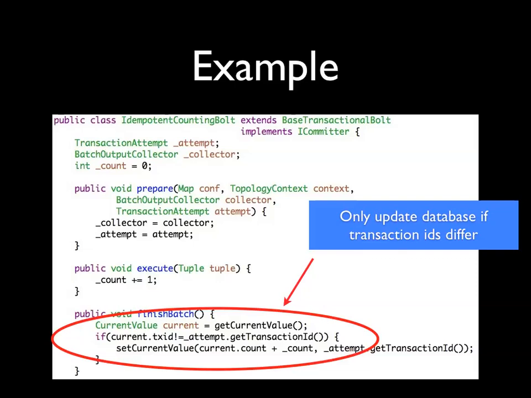I can skip. I just won't do anything because I know that my partial count is already represented in that count. Now the other bolts see, oh, the transaction ID is different. My partial count is not represented in the database. I'll go ahead and update it. And the reason this works is because of the strong ordering of commits, so those transaction IDs are done in order. Does that make sense to everyone? Yes? Okay.